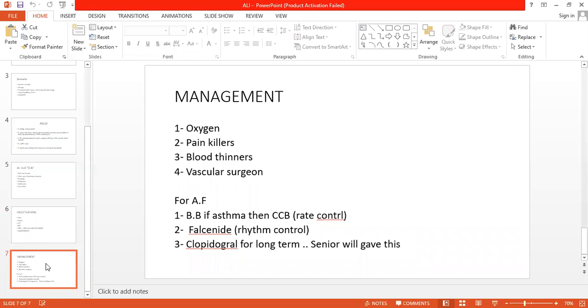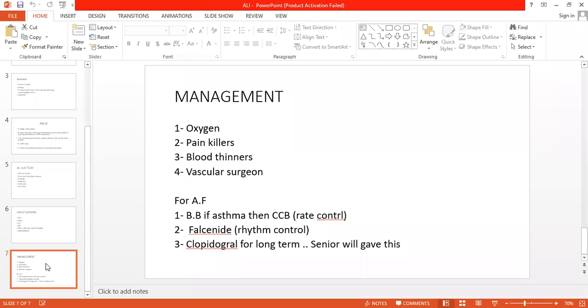Doctor, what about the Doppler ultrasonography of the vessels? Oh, vessels. Yes, you can do that as well. That will also give you the findings of ALI. After that, you will do the angiography, because angiography plus minus angioplasty, the vascular surgeon will go for that.